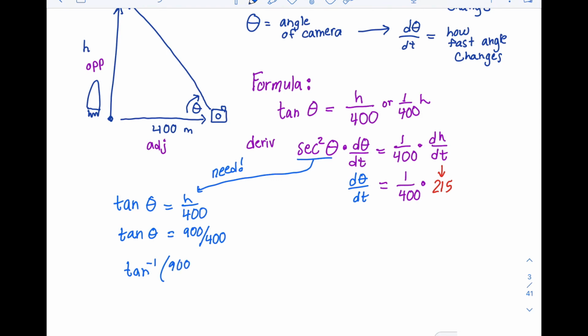So if you do arctangent of 900 over 400, you can get angle theta. Make sure your calculator is in radians mode, or else this is not going to come out correctly. So use radians, and you should get that theta is approximately 1.1526 radians.